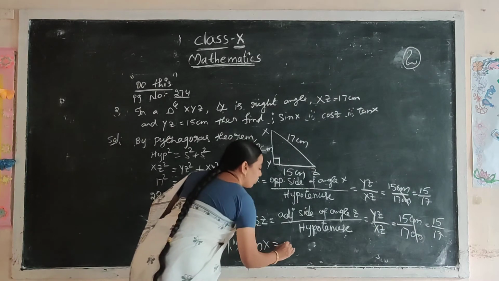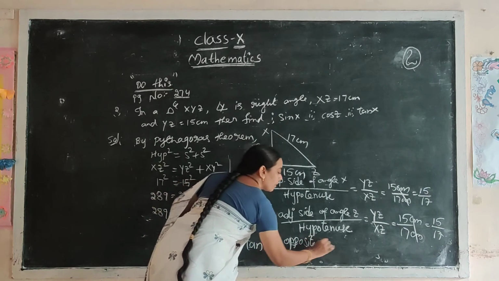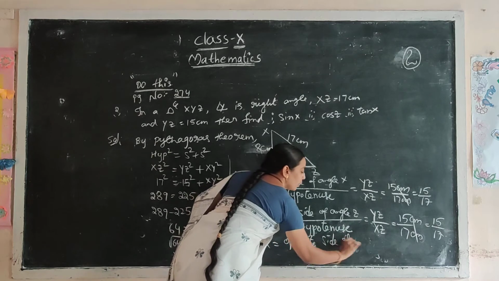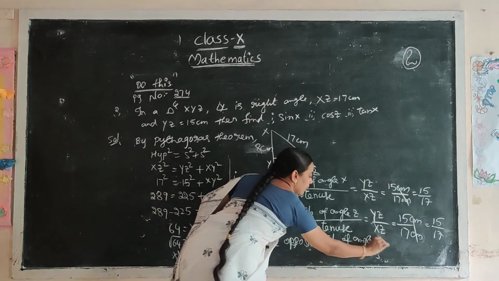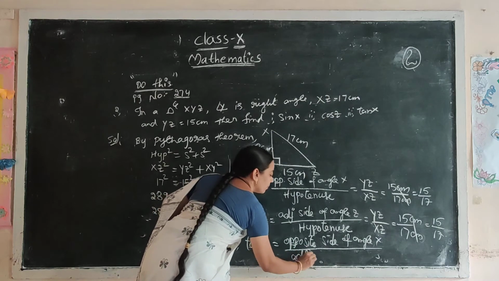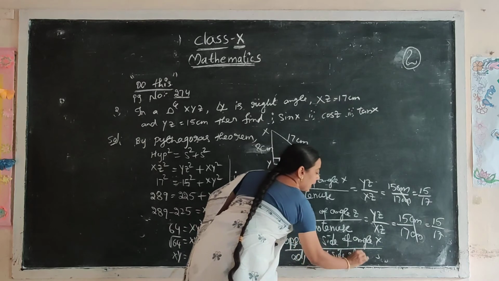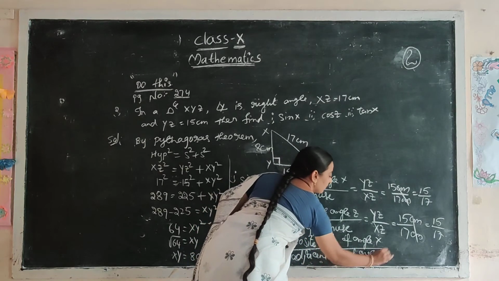And the third one is tan x. Tan formula: opposite side of angle x by adjacent side of angle x.